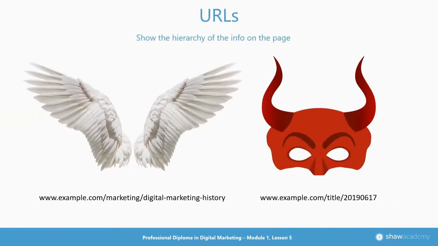URLs, so these show the hierarchy of the information on the page. A good example of a URL is on the left here, and a bad example is on the right. So the first one shows the hierarchy of the information on the page. It's history as it pertains to digital marketing in the context of marketing.